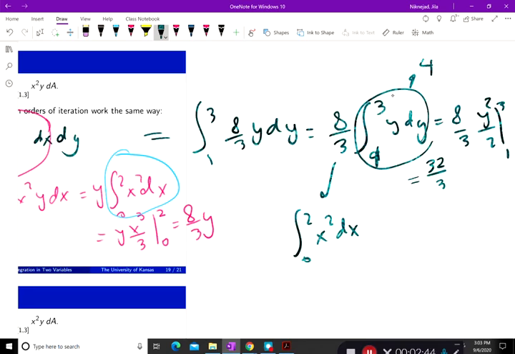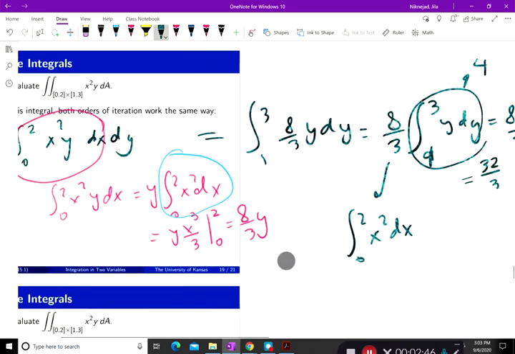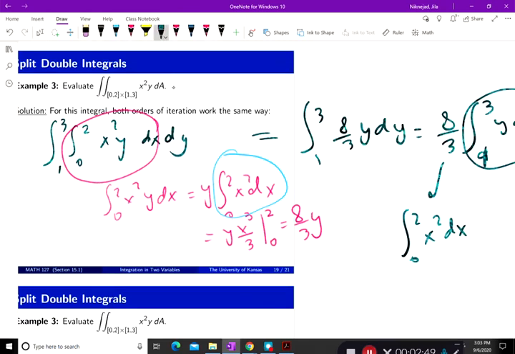So basically we wrote this as the integral from 0 to 2 of x squared dx times the integral from 1 to 3 of y dy. Why is that? Because x squared times y is a function of x only times a function of y only.